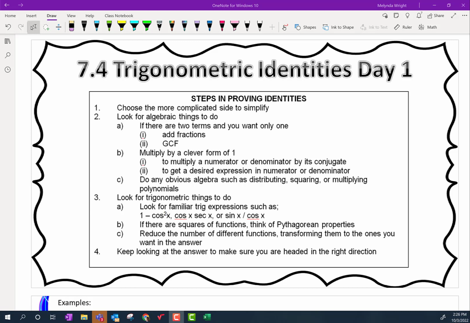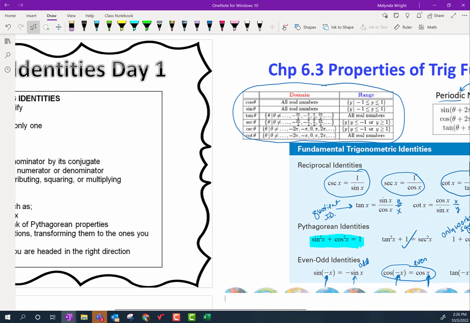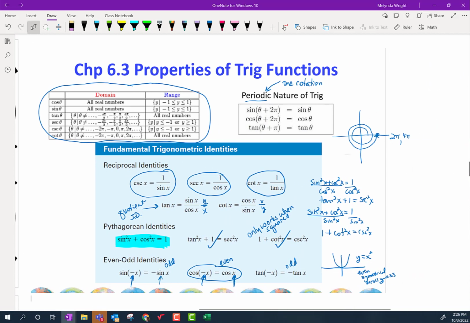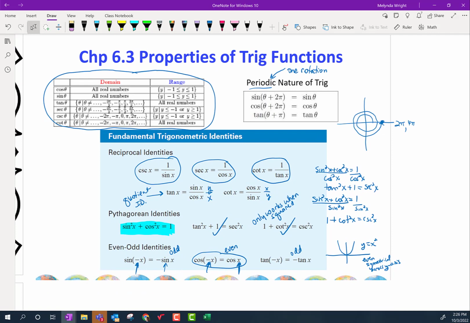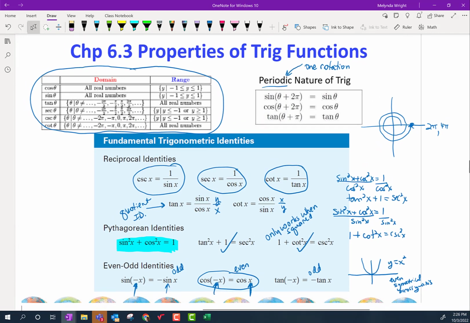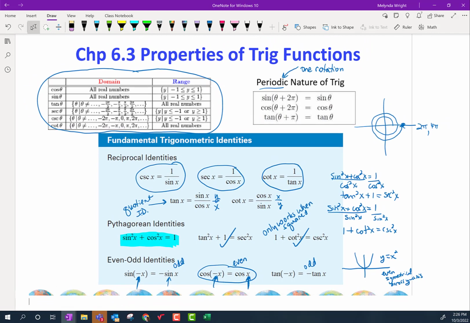Before I jump into the proofs, I would like to refer back to a lesson that we did in the first chapter of the textbook that we're covering, chapter 6. If you want to go back to your notes, take a look. Let's talk about these.